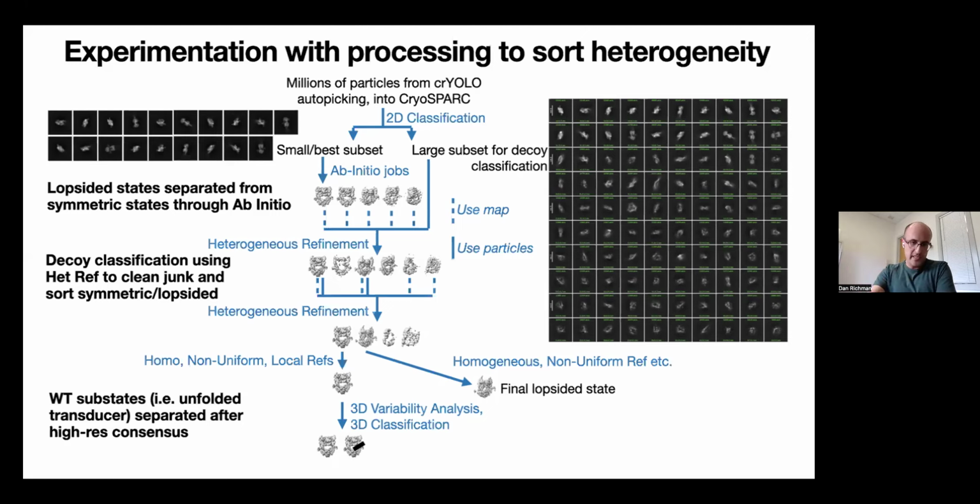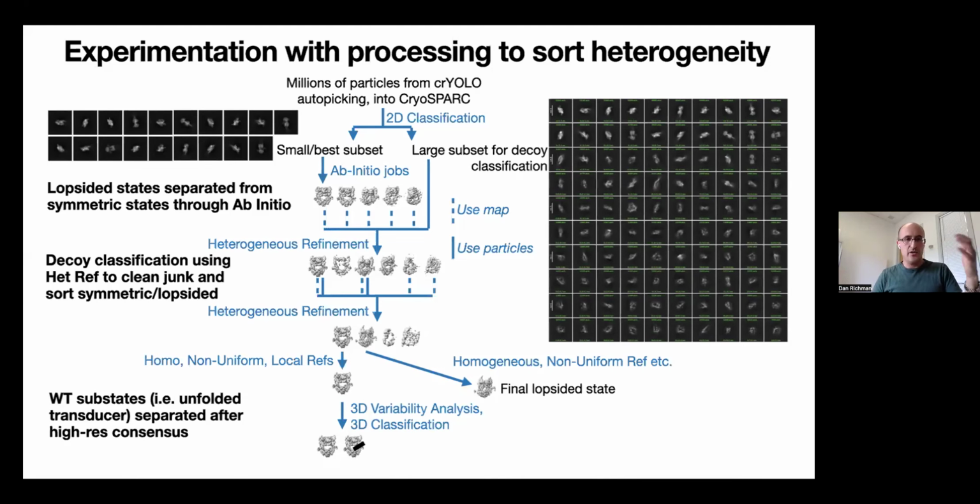I'm summarizing it here visually, but we used several rounds of this process, carrying forward the maps from some junk classes and the good maps, and the particles only from the good classes to keep cleaning out the junk and sorting the two useful states. Ultimately, that gave us the lopsided state and the symmetric state at higher resolution, with a higher resolution consensus of the symmetric state.